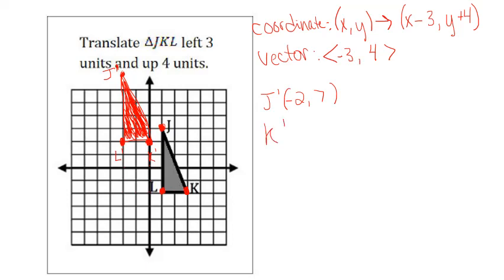And let's do the same thing for K prime and L prime. K prime is 0, 2, and then L prime is -2, 2. And this is just additional practice of getting used to writing ordered pairs. We're just writing the ordered pairs of our new points J prime, K prime, and L prime. So that's a translation. It just slid a little bit to the left and up.